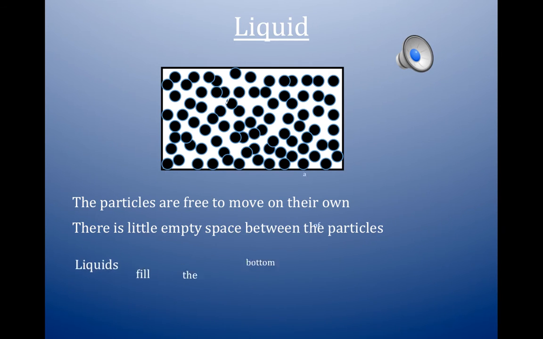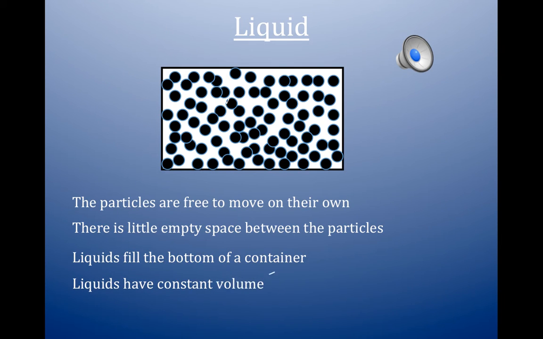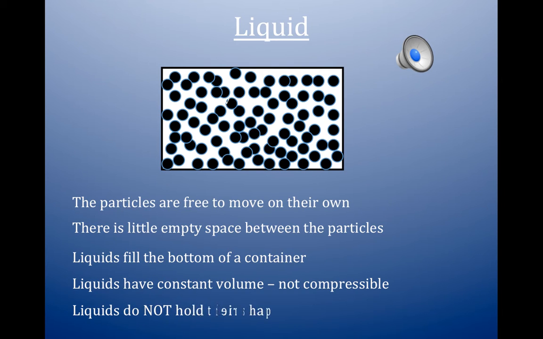That makes them incompressible. Liquids are going to fill the bottom of a container normally. So think about pouring a glass of orange juice. It's going to fill that bottom, not completely fill it the way a gas would. Liquids have constant volume. They're not compressible because the particles are close together. And liquids do not hold their shape because their particles are not locked together.